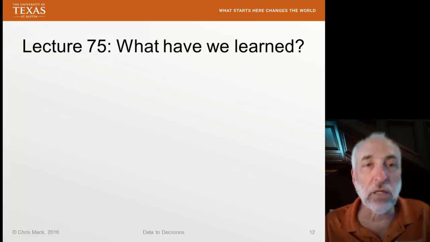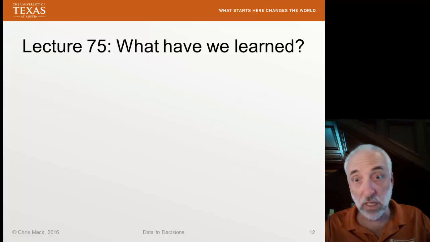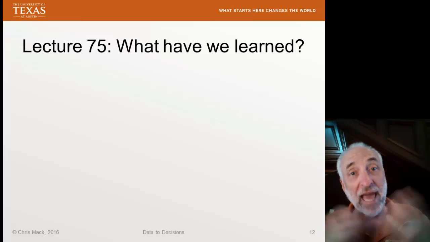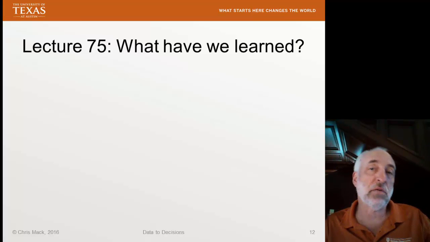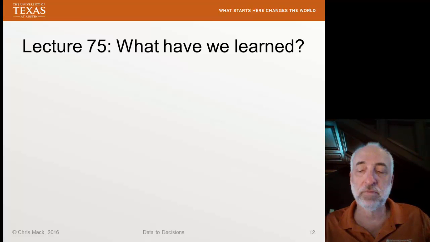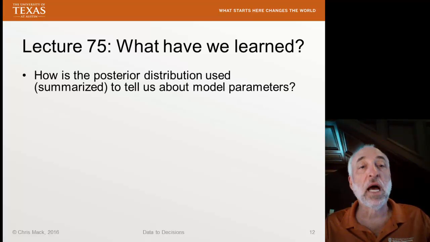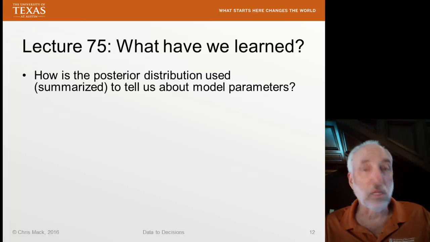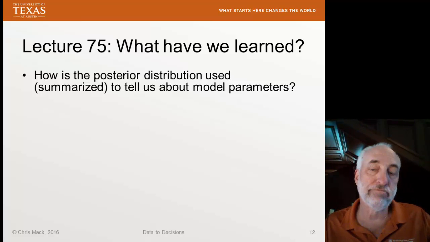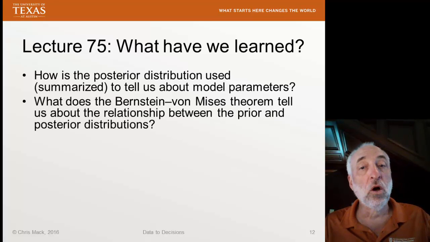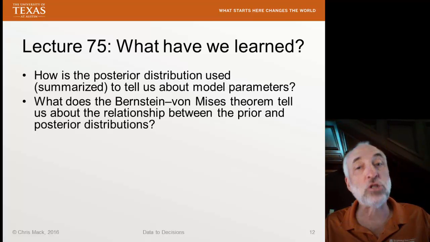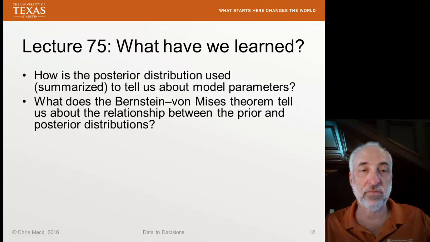All right, what have we learned in Lecture 75? In our coming lectures, we're going to try to get into some more practical details of how to actually perform Bayesian regression. But let's look at what we've learned so far in this lecture. How is the posterior distribution used or summarized to tell us something about model parameters? What does the Bernstein-von Mises theorem tell us about the relationship between the prior distribution and the posterior distribution?